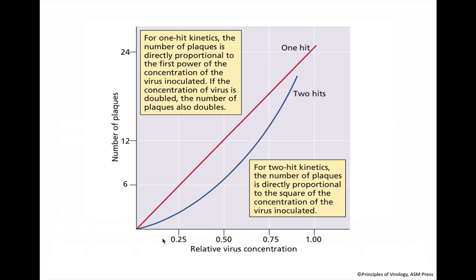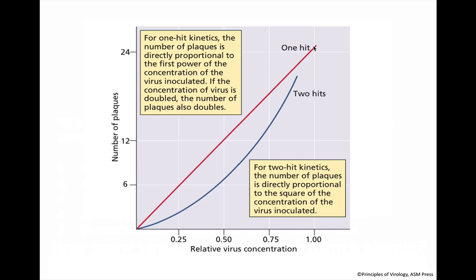So here you have increasing concentrations of virus, and you simply plot the two numbers versus each other on a simple graph. If one virus particle is sufficient to form a plaque, the relationship between the virus concentration and the number of plaques is a straight line, as shown in red.